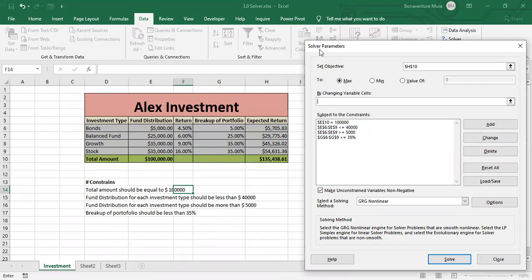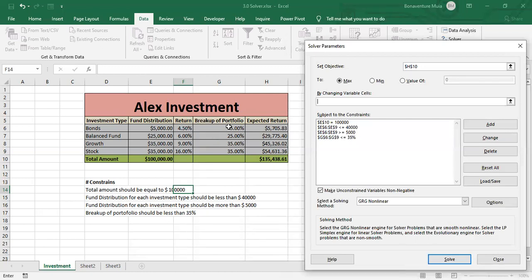One thing that you should note is that you can't really change a calculated field, or a field that is gotten by a certain formula. For example, here, we can't change the breakup of the portfolio because that is calculated. This is 5,000 out of 100,000 times 100%.